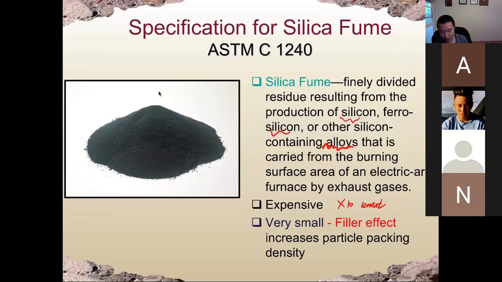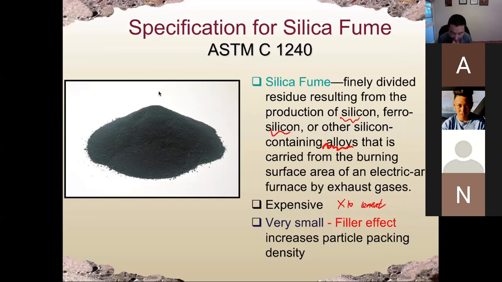For high strength concrete, normally we use at least 5% of silica fume, because silica fume can greatly enhance the strength of concrete for many reasons.